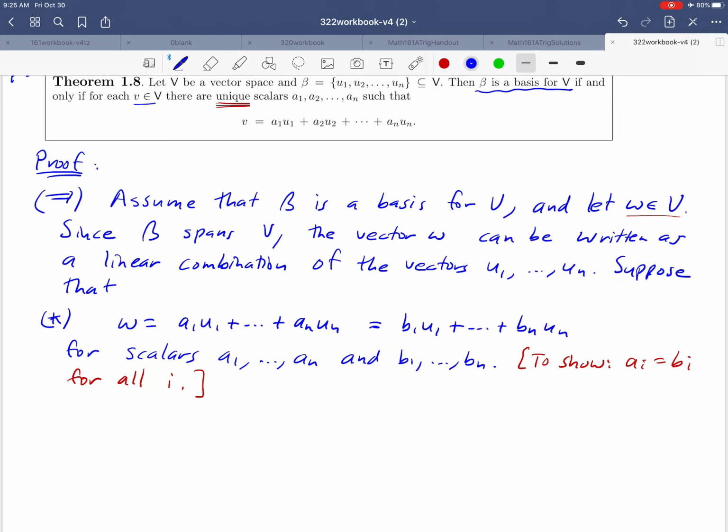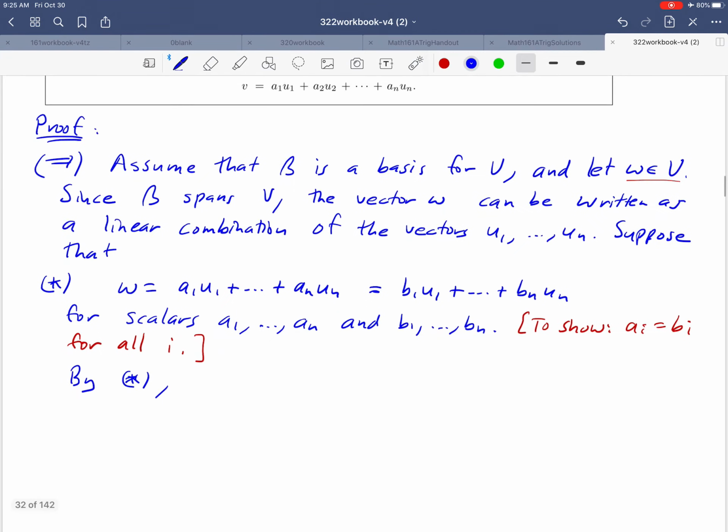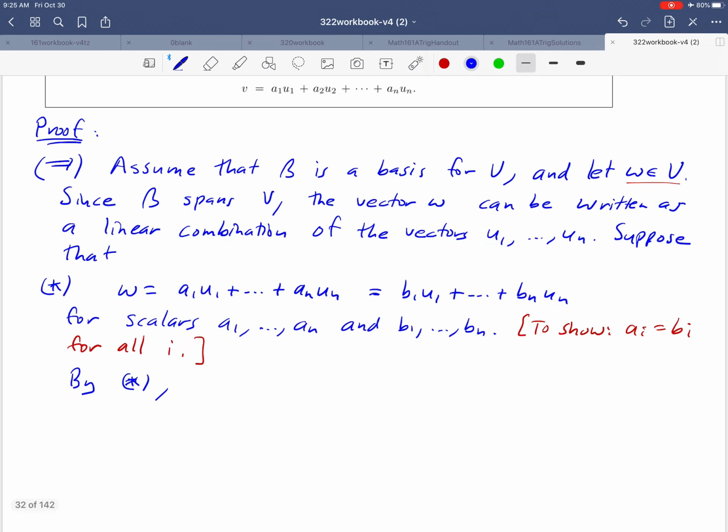Let's see if we can do that. I'm going to start by referring back to that equation star, and we'll start with a simple observation, noting that the zero vector can be obtained by subtracting the vector w from itself. Then we're going to make use of the fact that we've got two seemingly different ways that we can write w.